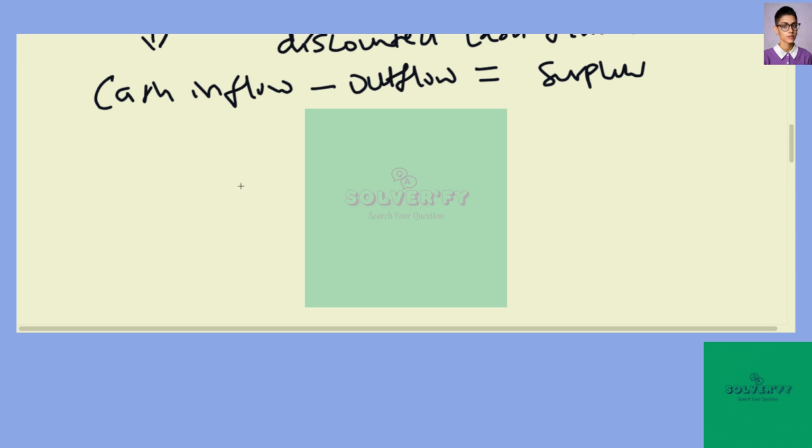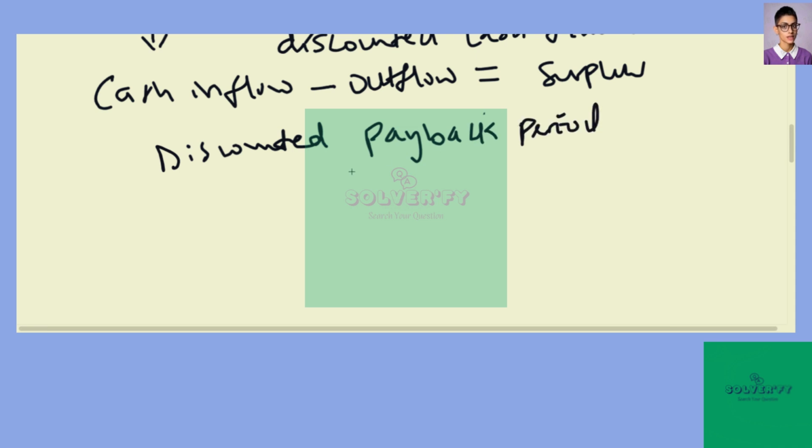So the difference is that the discounted payback period considers the discounted cash inflows instead of the cash inflows used for the payback period.